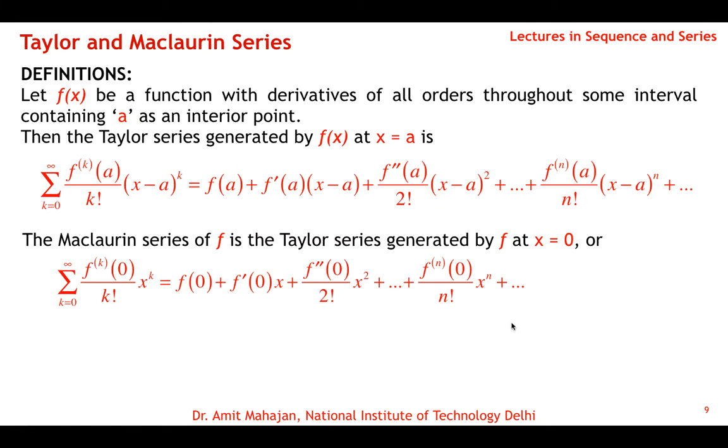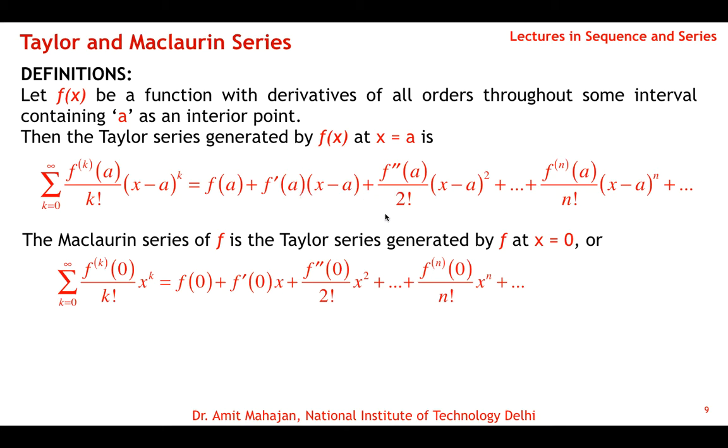So this is the infinite Taylor series representation for a function when the function has derivatives of all orders throughout some interval containing the point about which the infinite series is written.